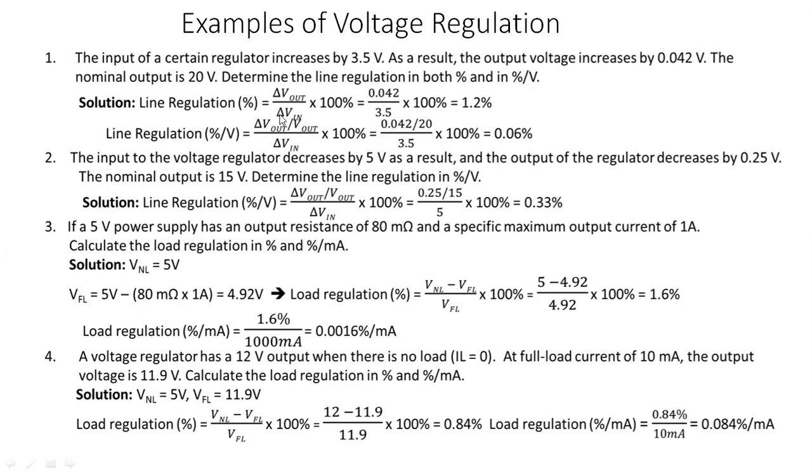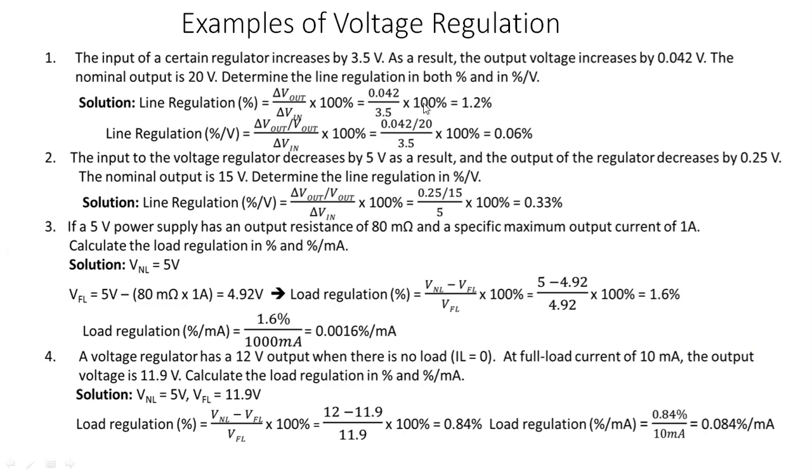Determine the line regulation both in percent and in percentage per volt. For percentage per volt, the formula is delta V out upon delta V in, V out into 100%. We can calculate line regulation in percent form as the ratio of delta V out upon delta V in into 100%. The value of delta V out is 0.042, so we take that in the numerator. In the denominator we write delta V in, which here is 3.5.